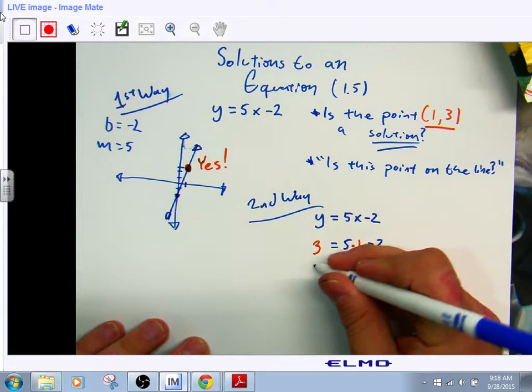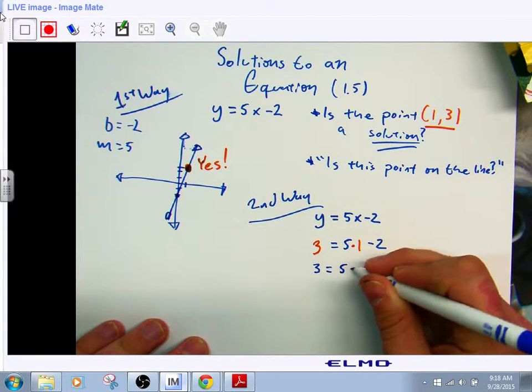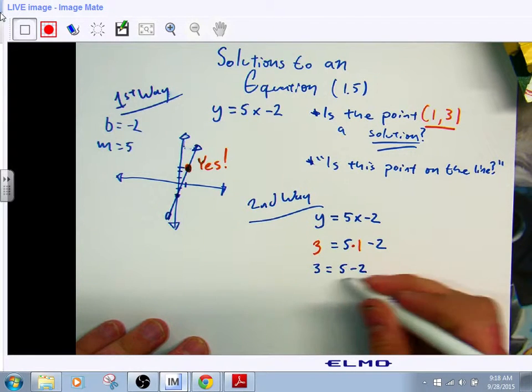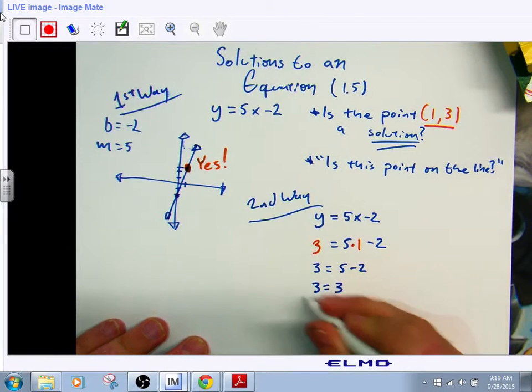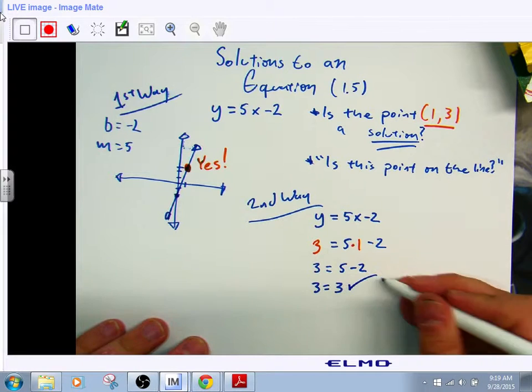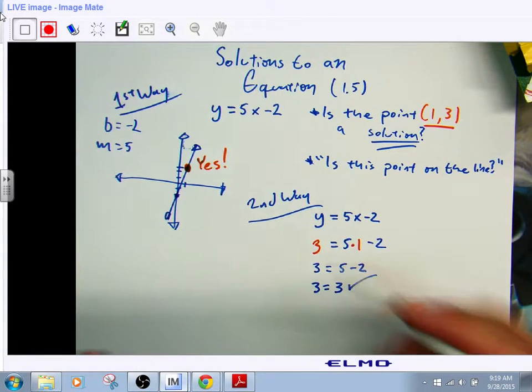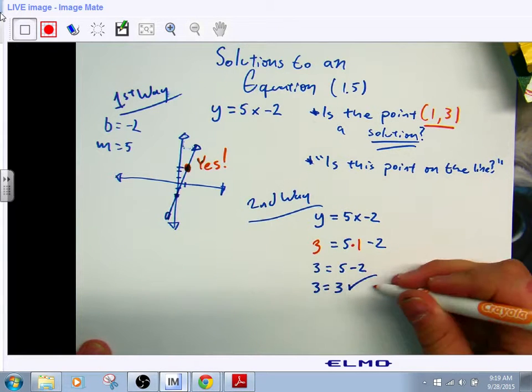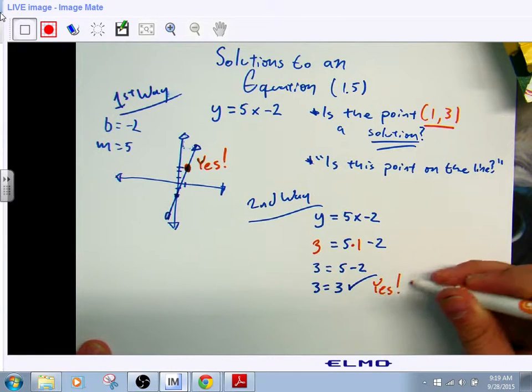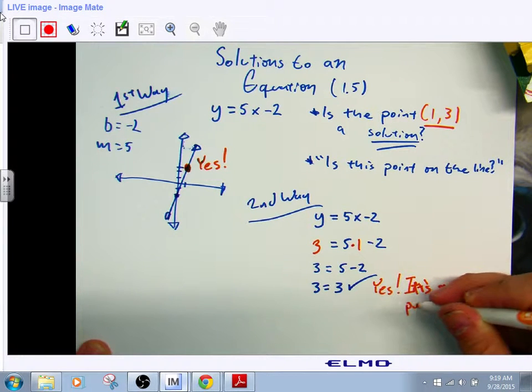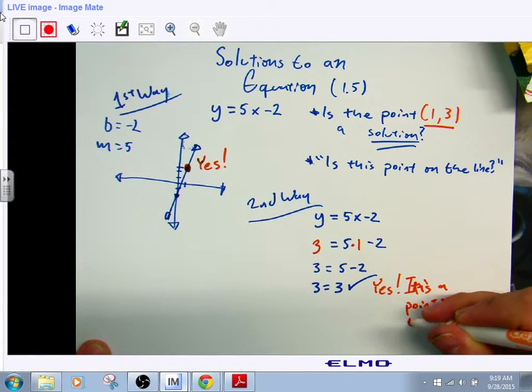So I'll have 3 equals 5 times 1 is 5, minus 2, and 5 minus 2 is 3. Does 3 equal 3? Absolutely it does. And so that means the point 3, 1, yes, or 1, 3, my apologies, so that means yes, it is a point on the line.